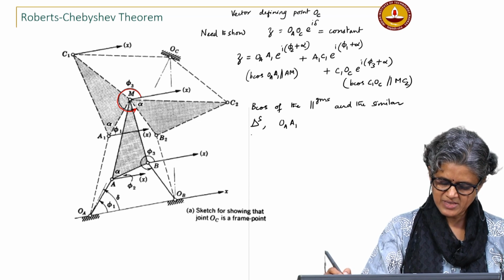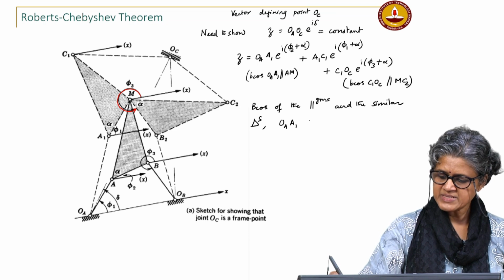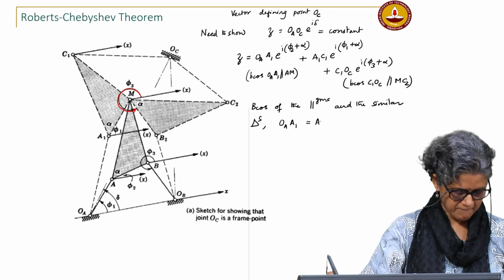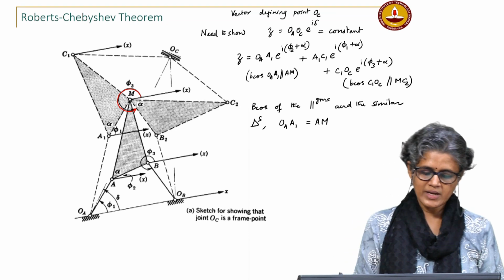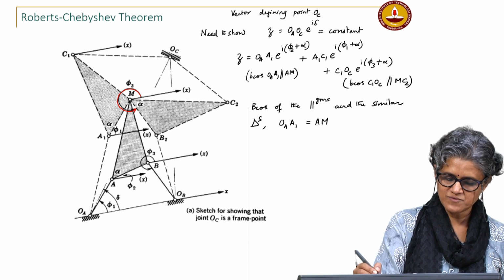I want to express everything in terms of the original linkage. OAA1 is equal to AM. Okay. I want to take anything that is not in terms of the original linkage and express it in terms of that.